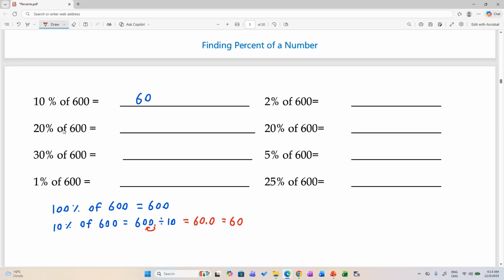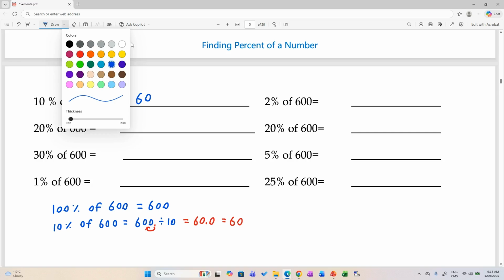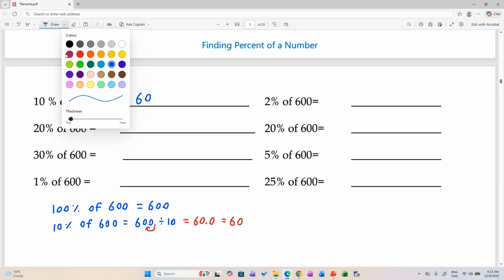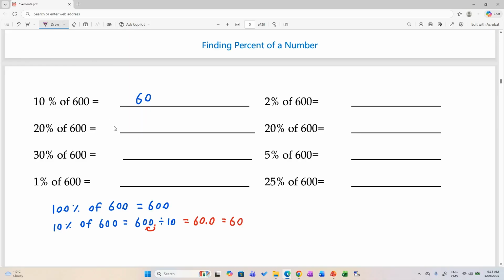Okay, great. We just found that one. What would 20% of 600 be then? Now, would you guys agree? For 20% of 600, essentially, if I take 10% and I add it to 10%, I'm simply going to get 20%.